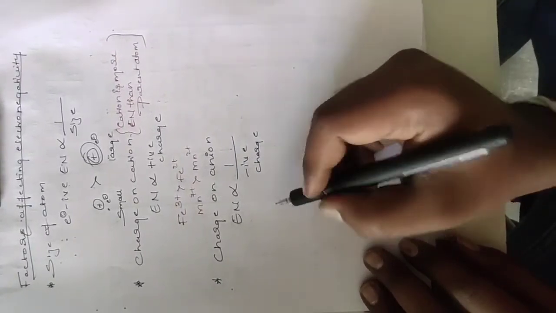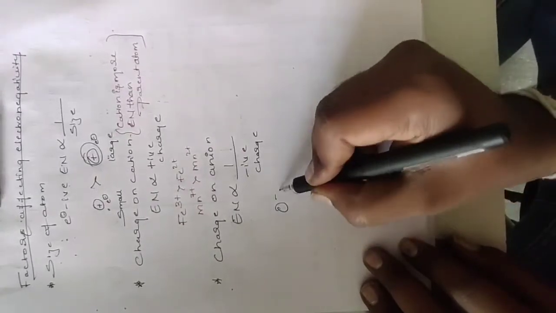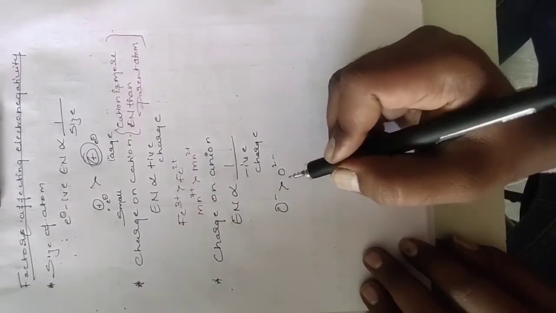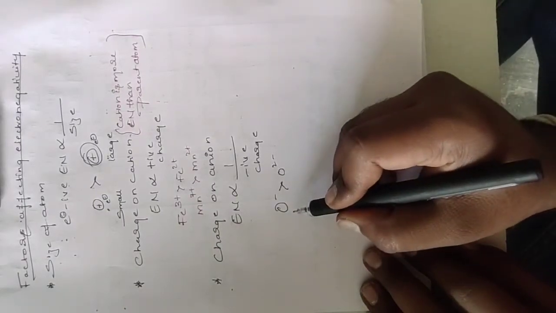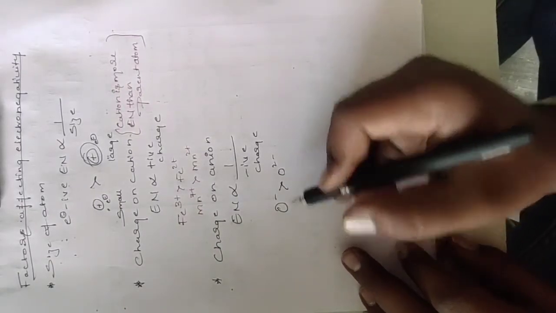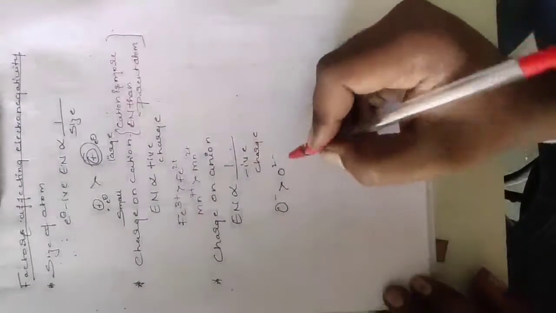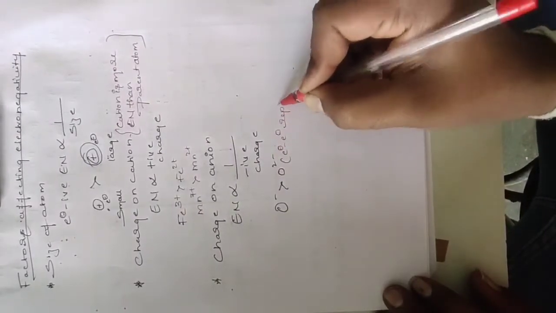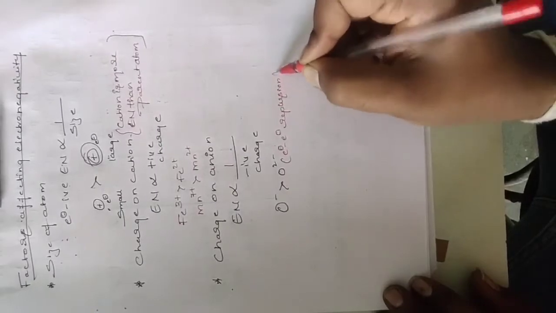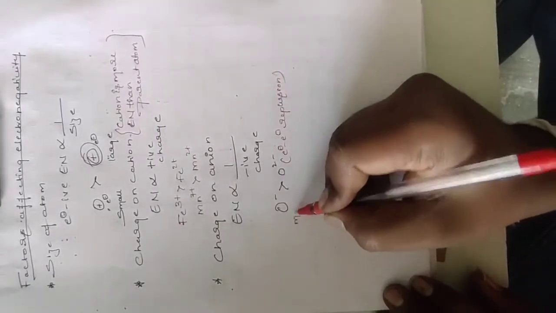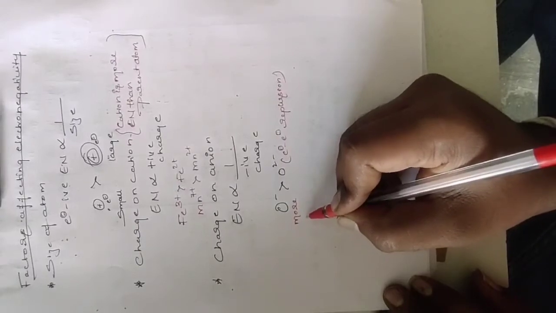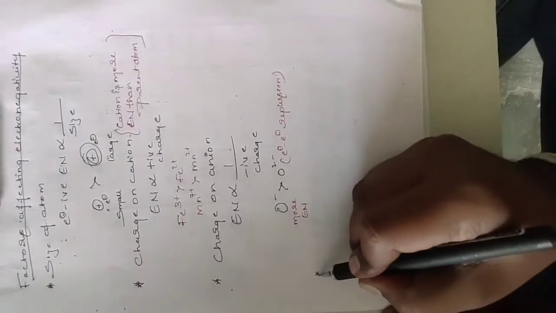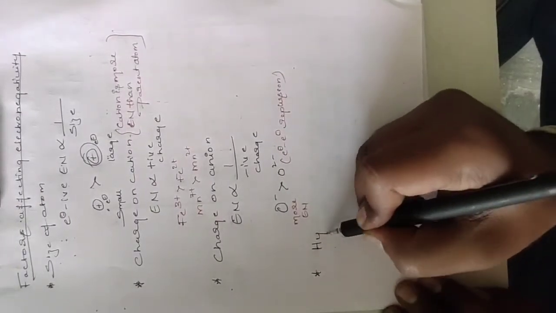For example, O minus is greater than O2 minus, because here there is more electronegativity compared to here, where electron repulsion is occurring.